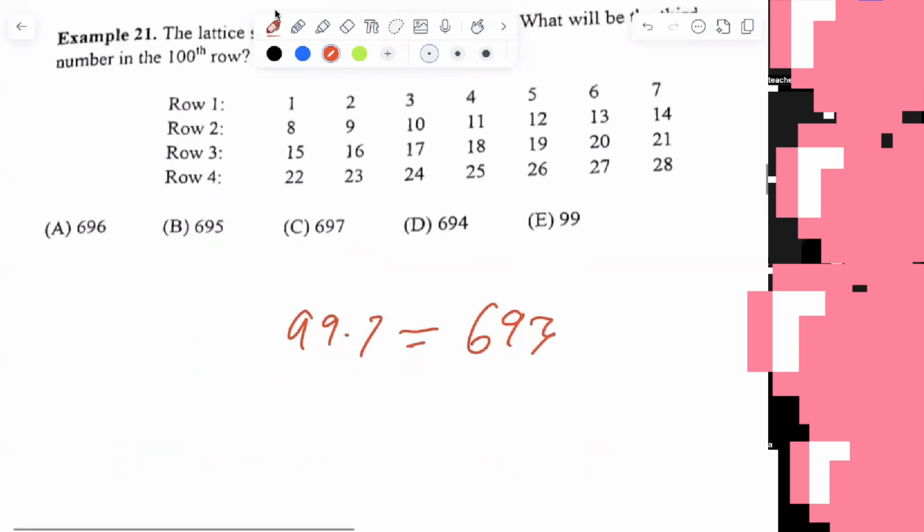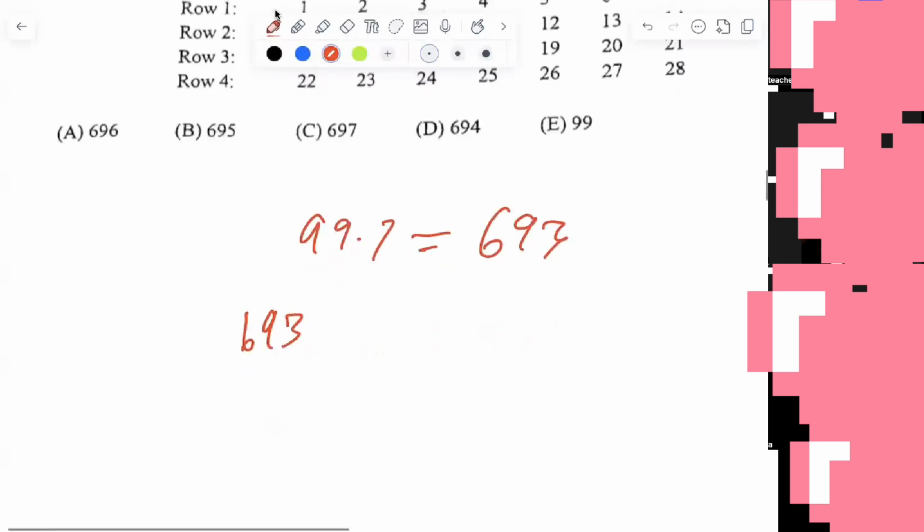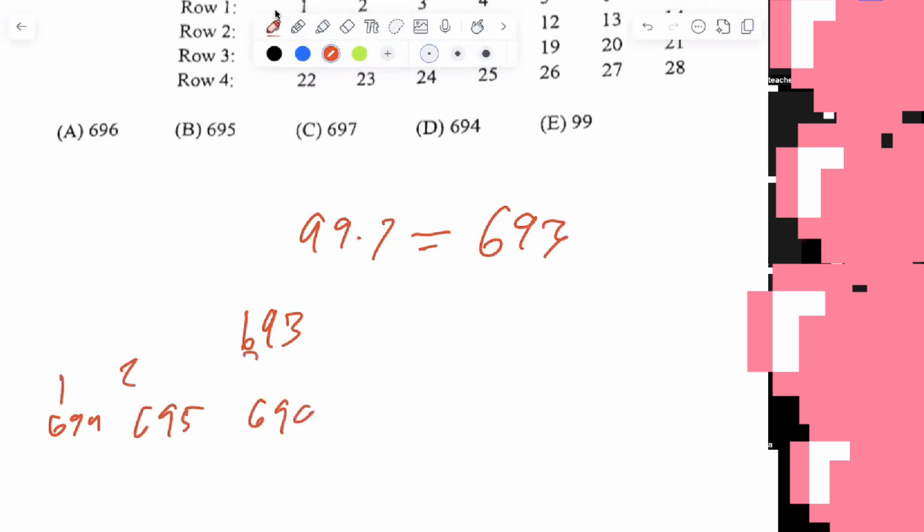And then from 693, it's going to be 694 is the first in the 100th row, 695 the second, then 696 the third. That's how you're supposed to solve this question.